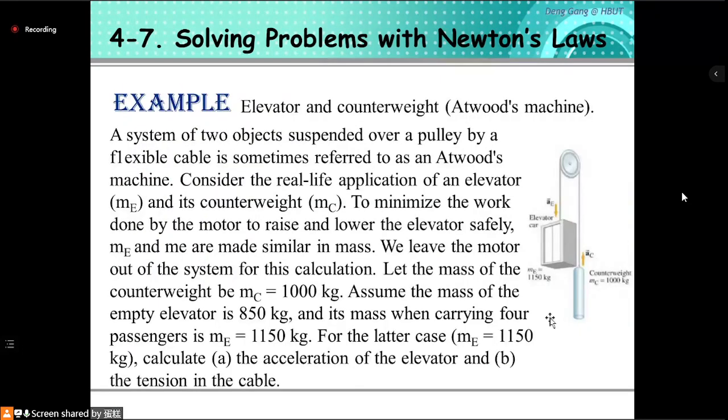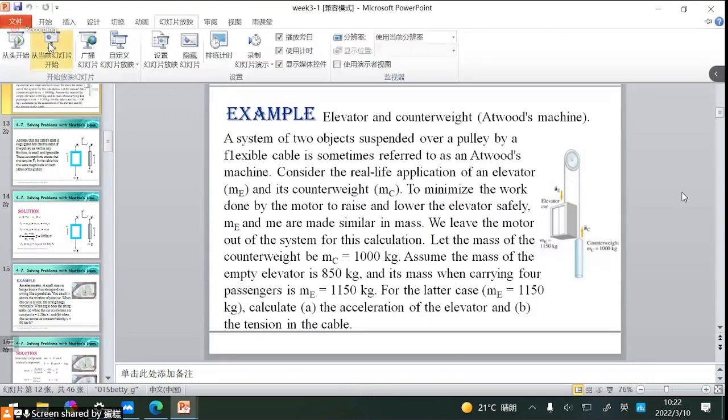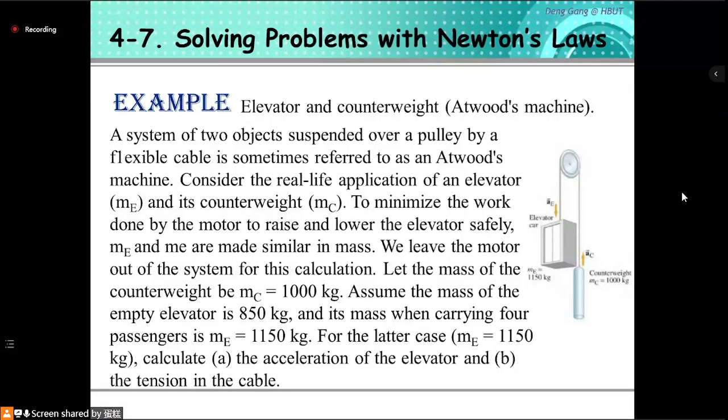Okay, so let's go on to this one. Let's investigate another example. This is called Atwood's machine, which is the basic model of the elevator.